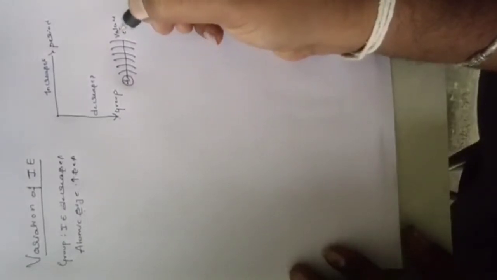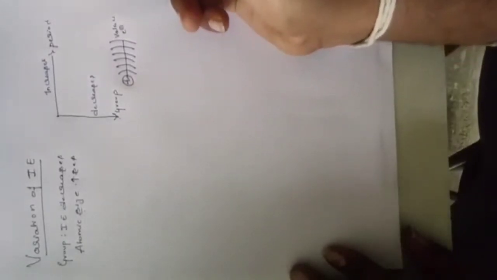If it increases, the distance between the nucleus and the valence electrons increases. If that increases, then the nuclear force of attraction decreases.